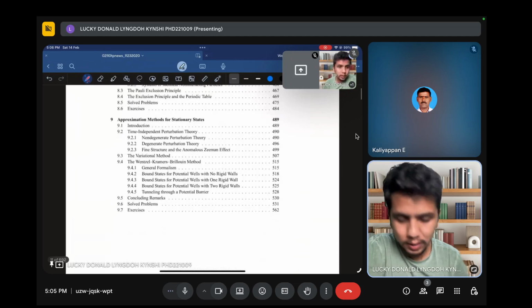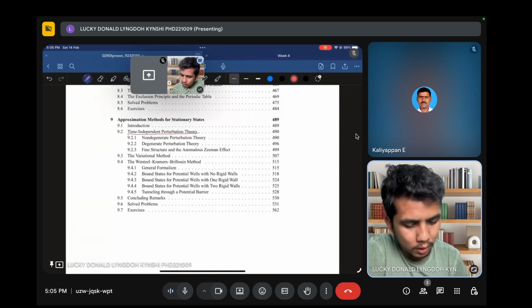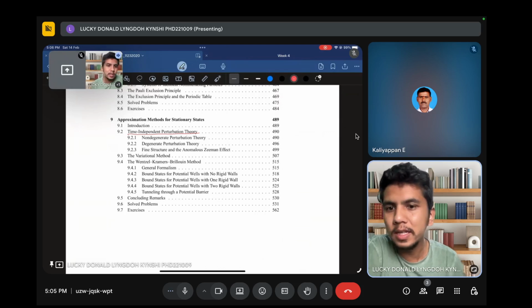Chapter number 9, sorry, is the time independent perturbation theory. If you need any reference or details, you can look at this book. All the details are there.